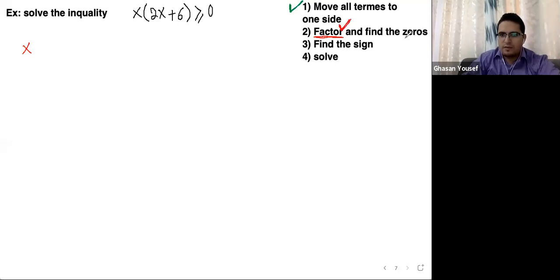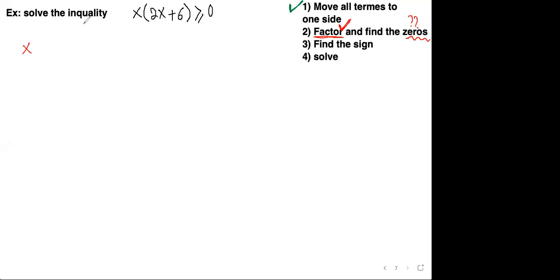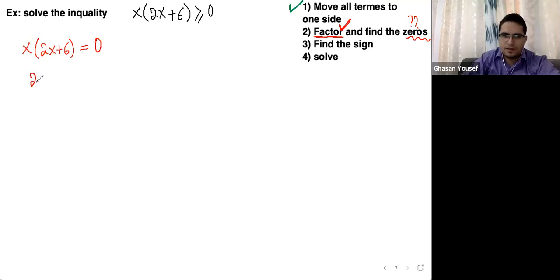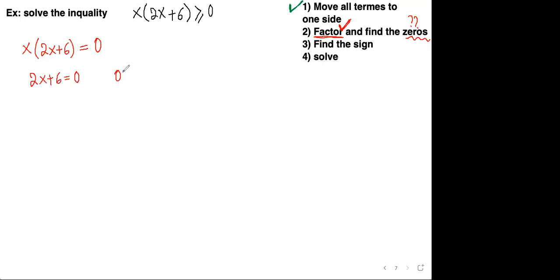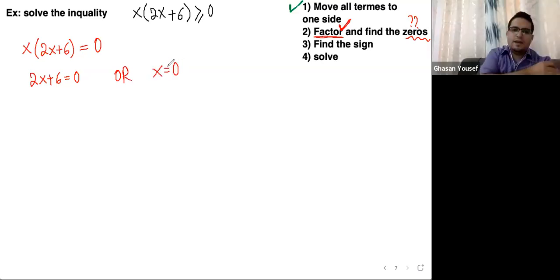Now, how can we find the zeros? 2x plus 6 equals 0, and x equals 0. So x equals 0 is the first solution.